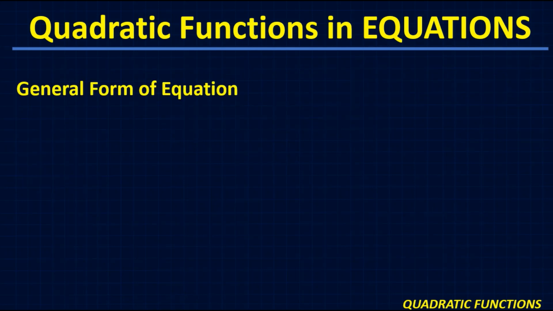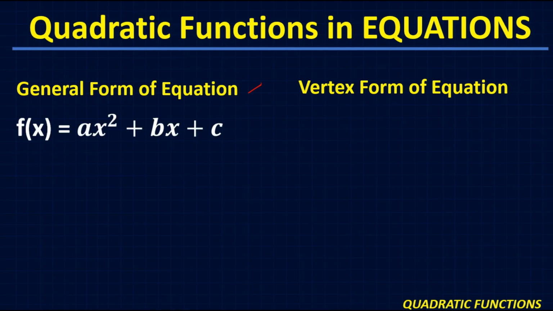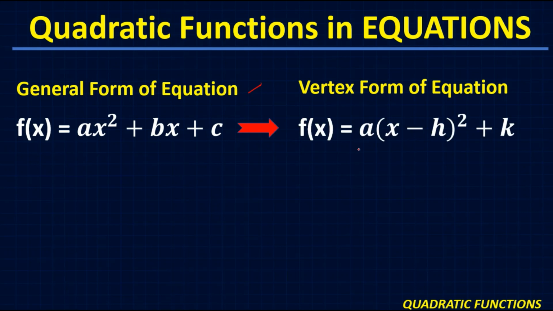The equations of quadratic functions: we have the general form of equation, and then we have also the vertex form of equation. For a given f of x is equal to ax squared plus bx plus c, we are going to transform it into vertex form, such as f of x is equal to a times the quantity of x minus h squared plus k.